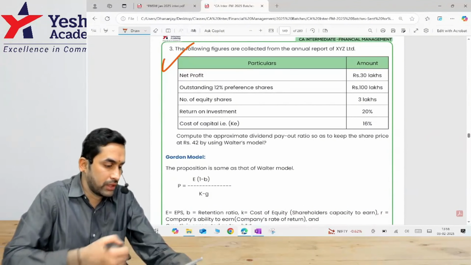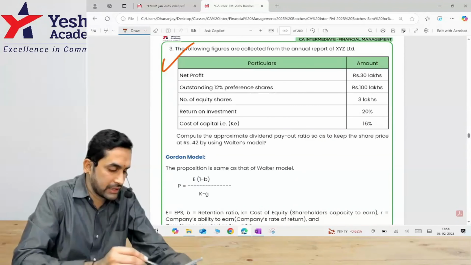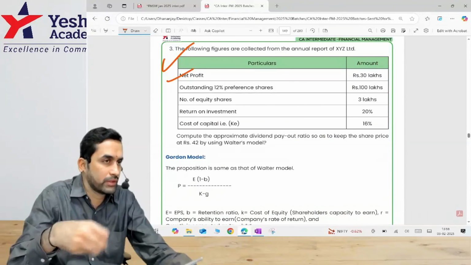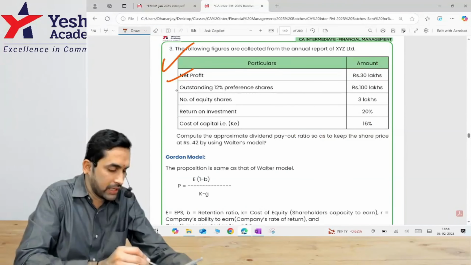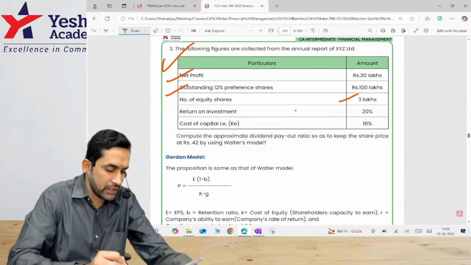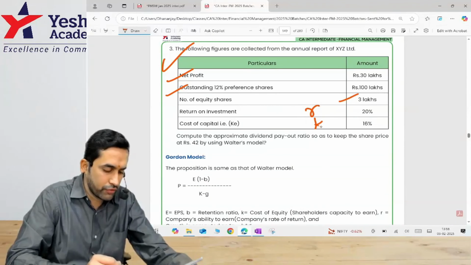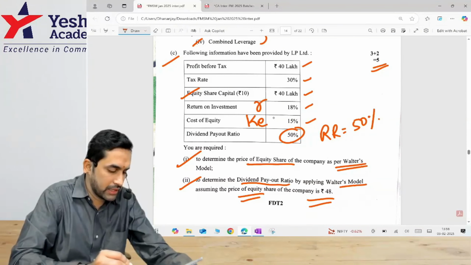Question number 3, you can see here, profit before tax, tax rate. Here directly net profit was given after tax, otherwise it is same thing. Equity, share capital. Here at least we had preference shares, we have paid dividend, and then number of equity share, R is there, cost of equity, KE is there, same thing, R is there and KE is there.